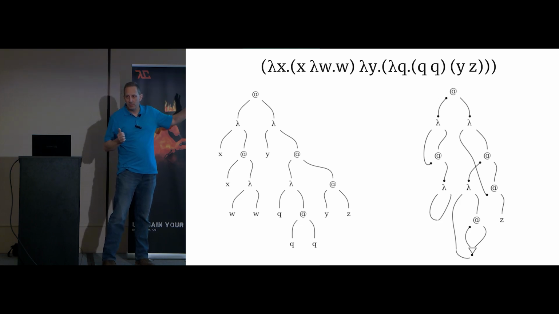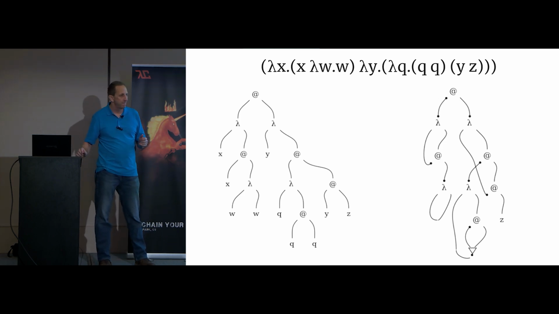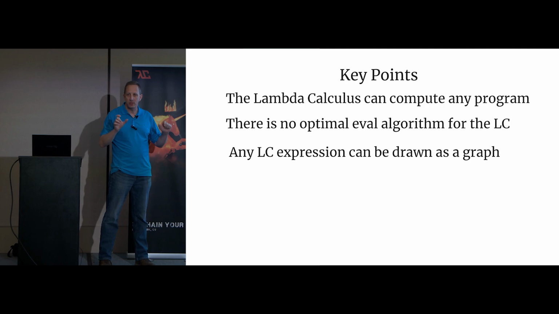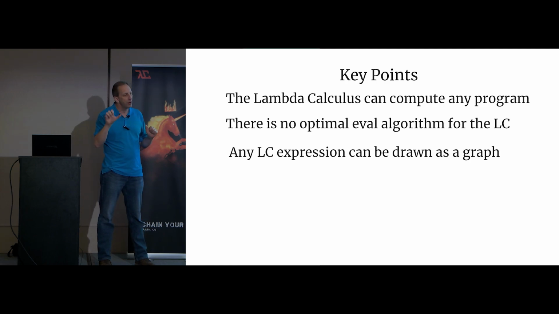And it is clearly a graph. It is not a DAG because there are cycles. The edges are not directional. It's a graph, okay? Okay, so any lambda calculus expression that you get as text can be drawn as a graph.